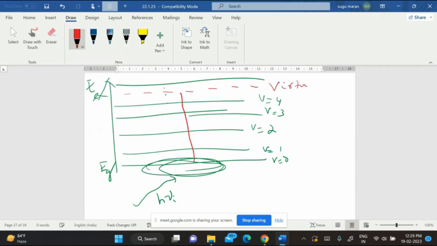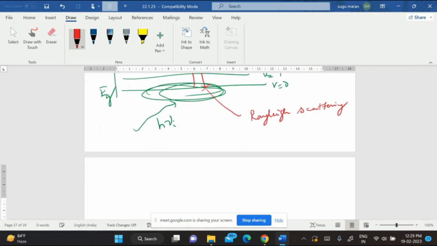A virtual state is a higher vibrational energy state. It goes to some virtual state and returns to the same vibrational state. This is called Rayleigh scattering.